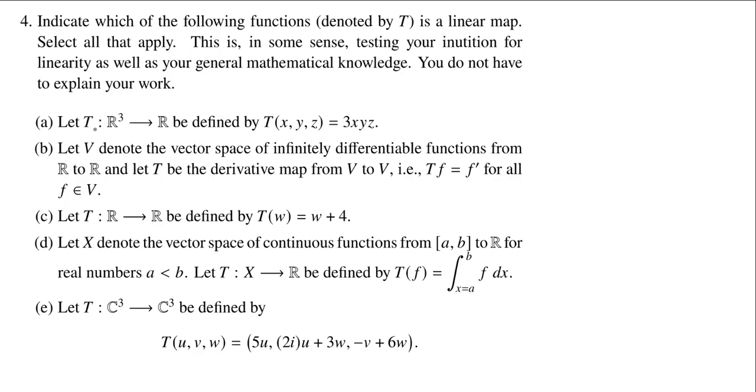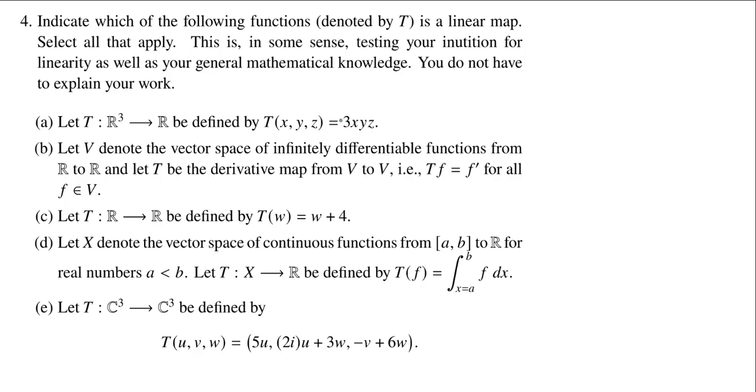In part A, we're given a function from R3 to R, defined by taking an element of R3, so x, y, z, multiplying the components together, and then tripling the answer. Now, in class we talked about how if you want to detect whether or not something is a linear map, and it's given in this sort of form, where you have a map from Rm to Rn, you want to look for linear combinations of the inputs.